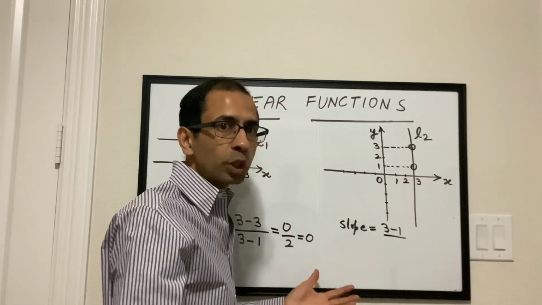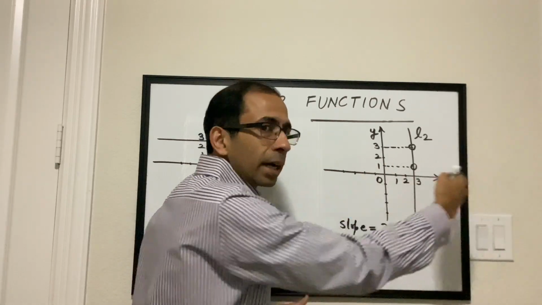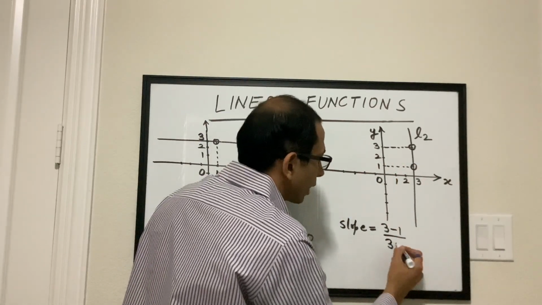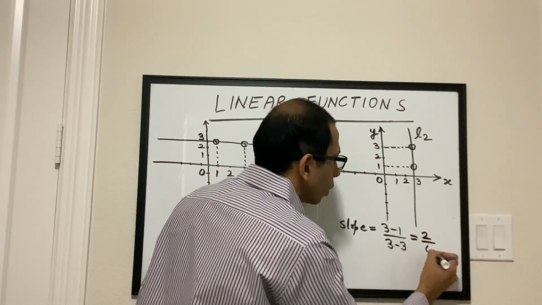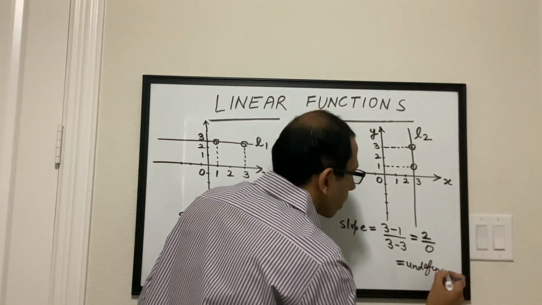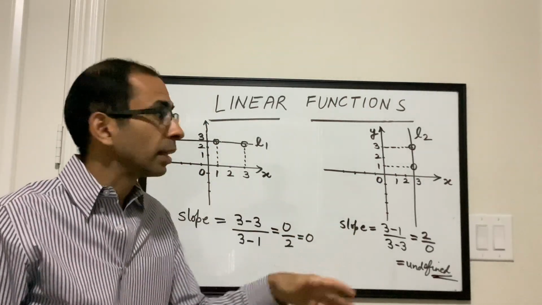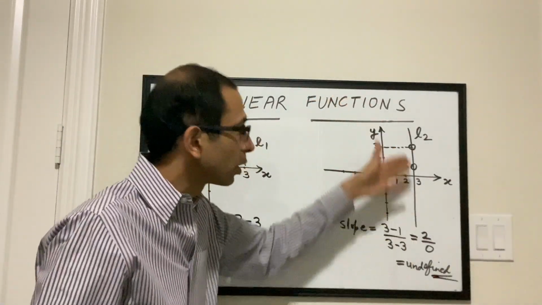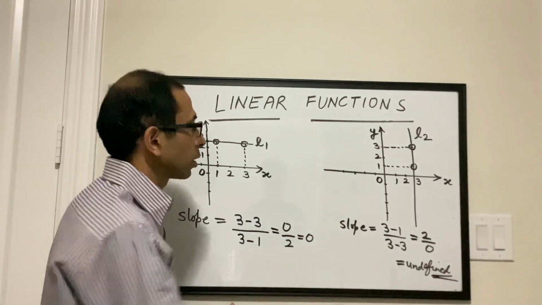And by the way, there is no change in x because x is constant at 3, right? We are not moving x. So the final x minus initial x is 3 minus 3, which is 2 over 0, which is undefined. Anything divided by 0 is undefined, and hence the slope of a vertical line would always be undefined, no matter how the vertical line looks.